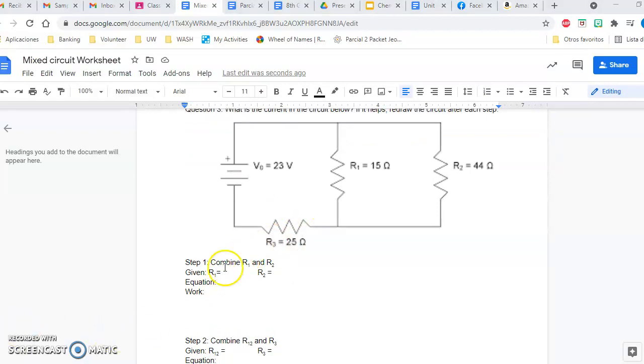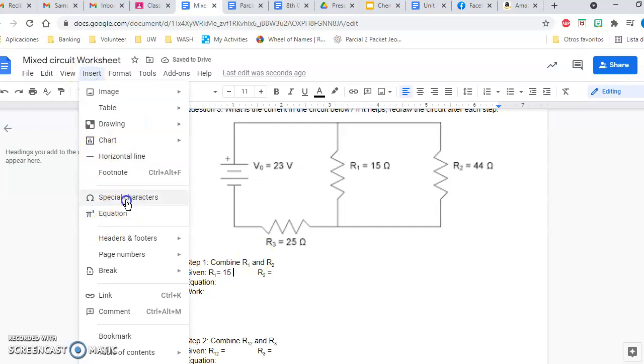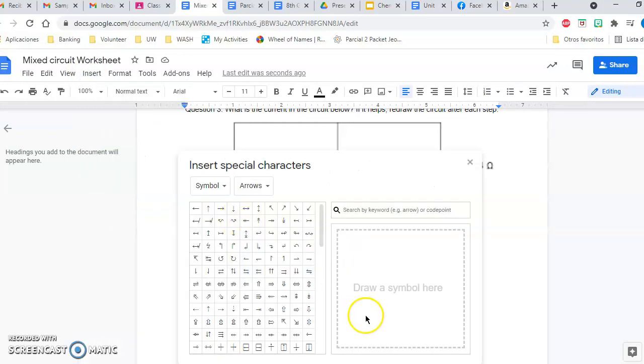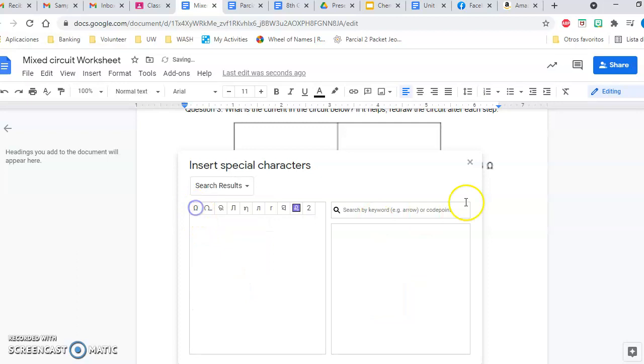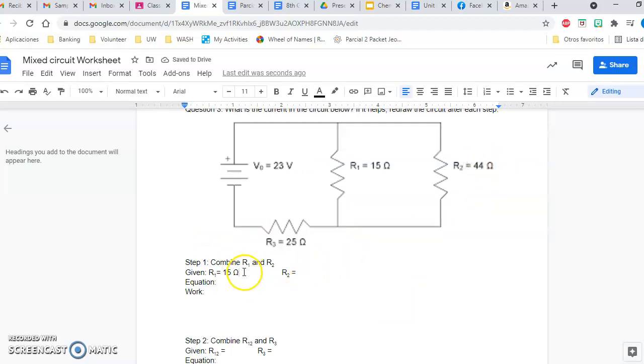Just like we've done before, I'm going to write my givens. R1 is 15 ohms. To find the ohm symbol, I go to Insert, then Special Characters, and I can draw what an ohm looks like, and it pops up. Here we are. So we have 15 ohms as our first resistance.